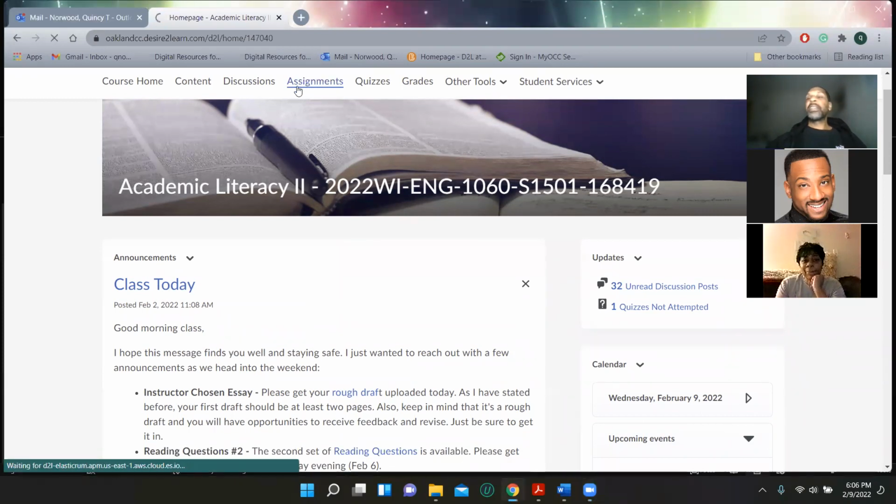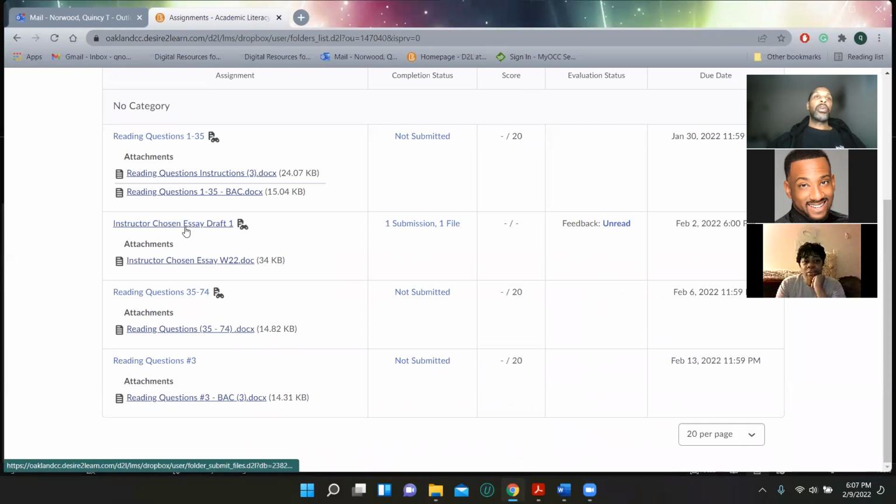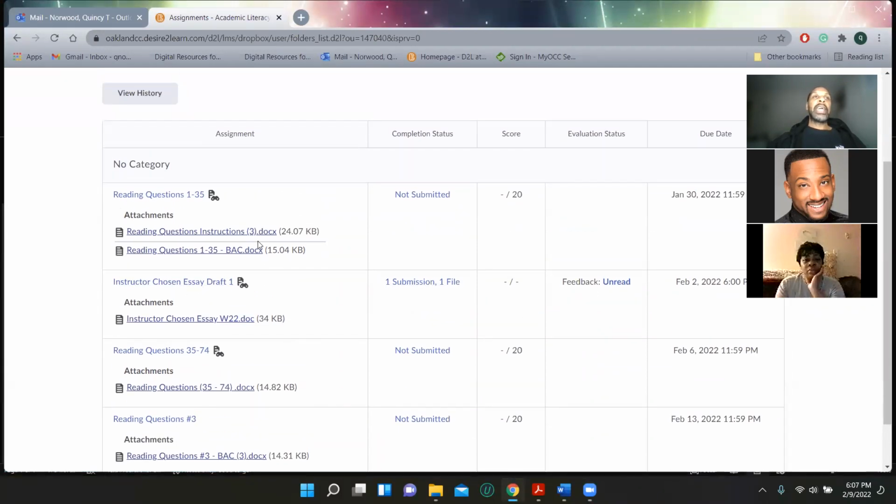Just go into assignments, and if you click the folder where your assignment is, or in the assignment section in general, click this file, one submission, one file, or however many you submitted, that's going to take you right to your original assignment.